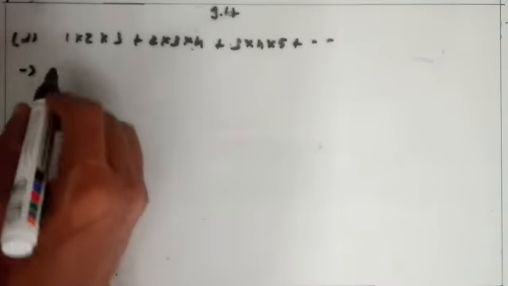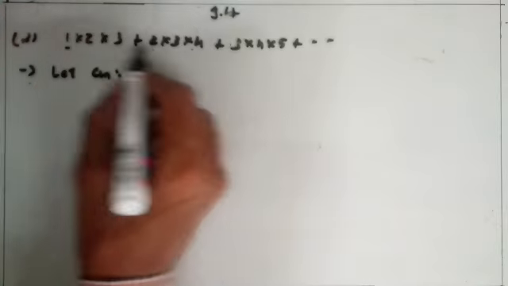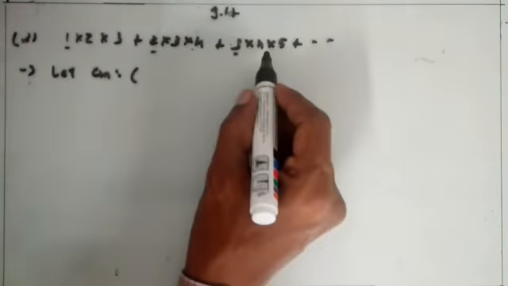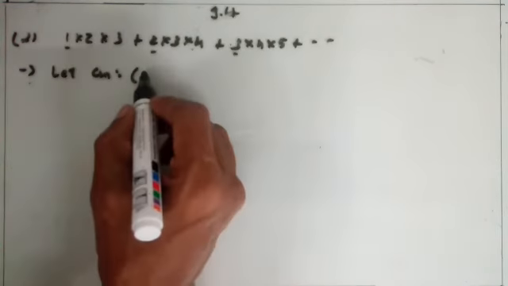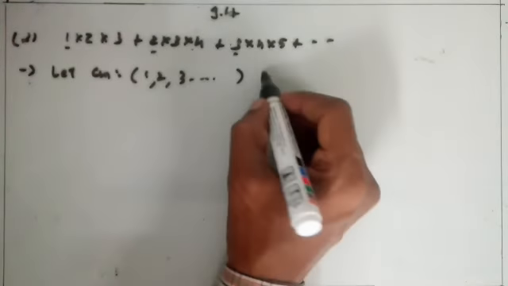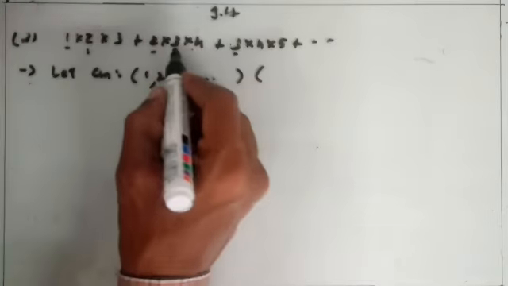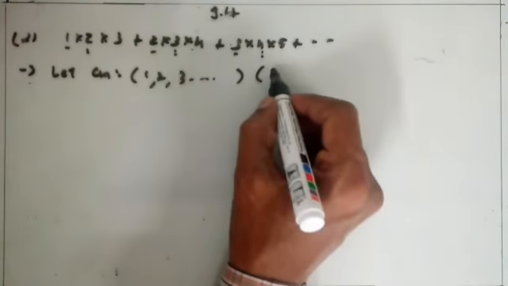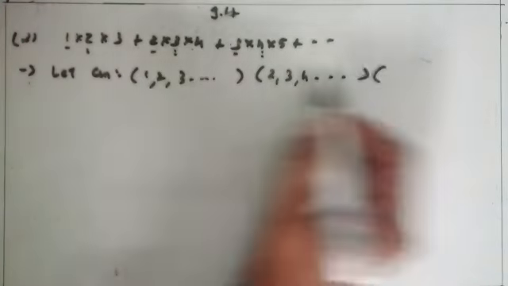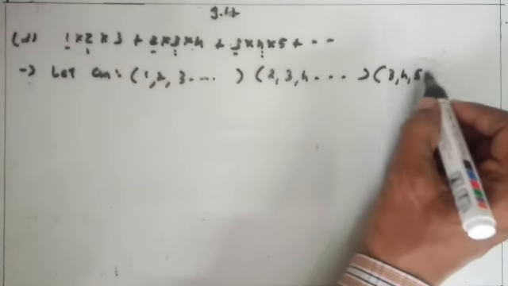First find the nth term. Let a_n be equal to: take the first term of each in the first bracket, 1, 2, 3 up to n terms, into, in the second bracket take the second terms of each, 2, 3, 4 up to n terms, into, now in the third bracket take the third terms, 3, 4, 5 up to.